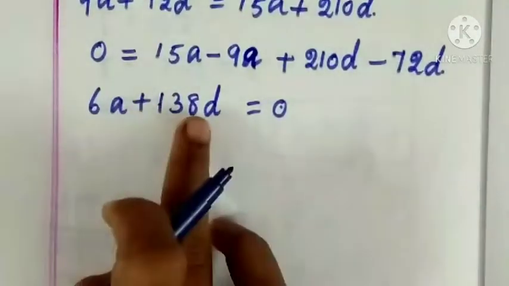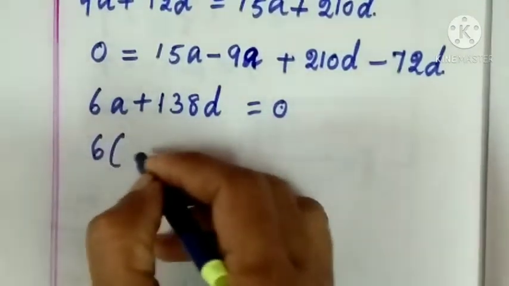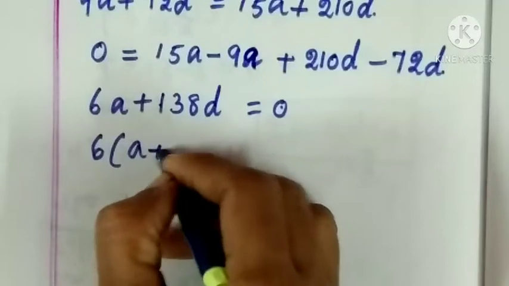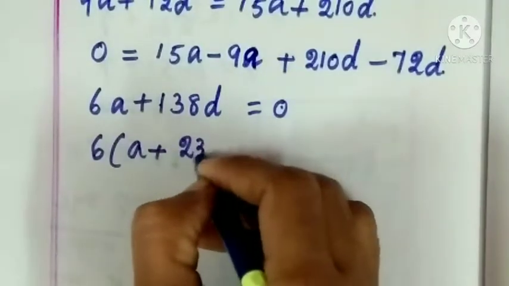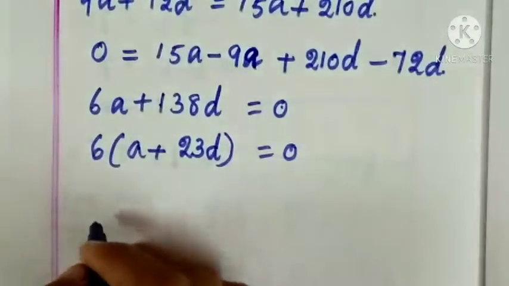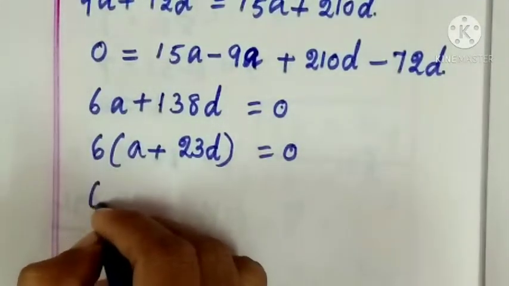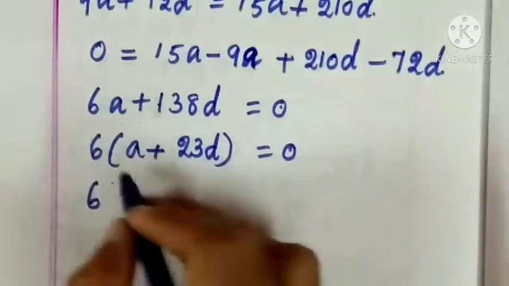Here 6 is a common factor. So you take out 6 and we get A plus 23D is equal to 0. That is, it can be written as 6 into (A plus 23D).